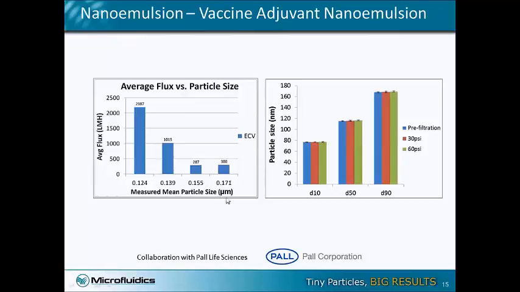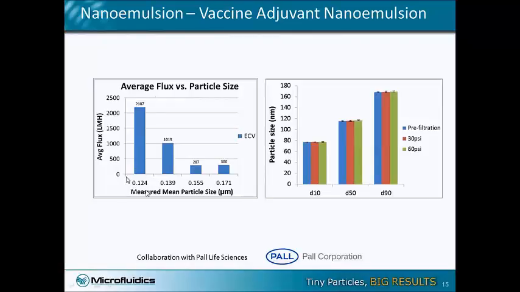And when you look at the filtration flux results, you can see, of course, the smaller the particle, the higher the flux you can achieve. So the highest flux is achieved at the smallest mean particle size, at 124 nanometers.